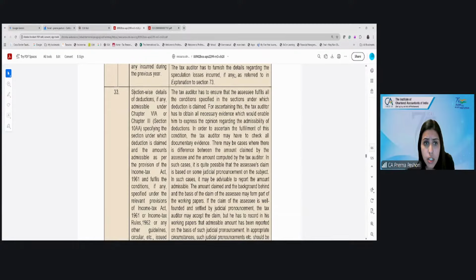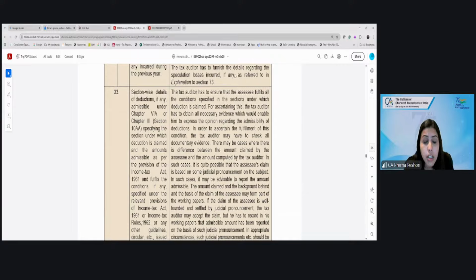If the tax auditor is issuing this particular report in form 3CB or 3CA, he will have to take into consideration the tax audit report of even the branches also, right, which may be audited by the other tax auditors, because there may be separate tax audit of each branch, and by the HO also. So you will have to see whether any deductions are claimed under Chapter 6A in respect of any branch for 80IA, 80IB, 10AA, all of that.